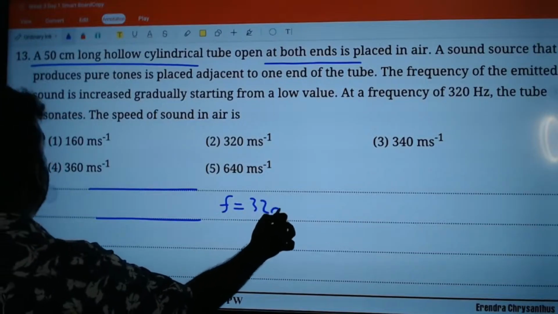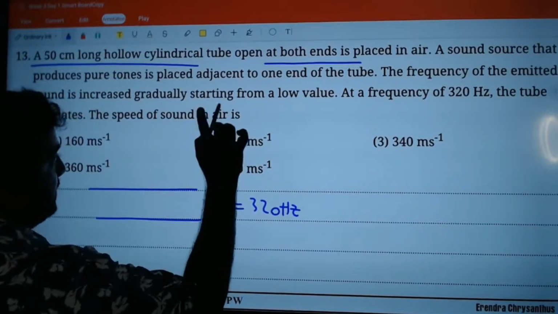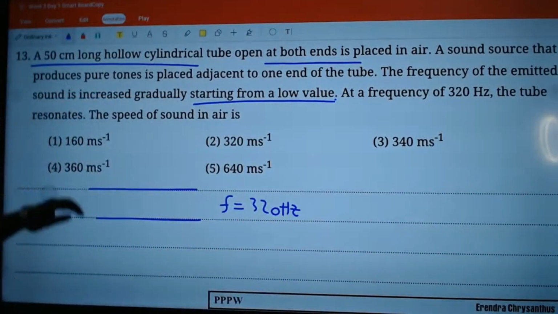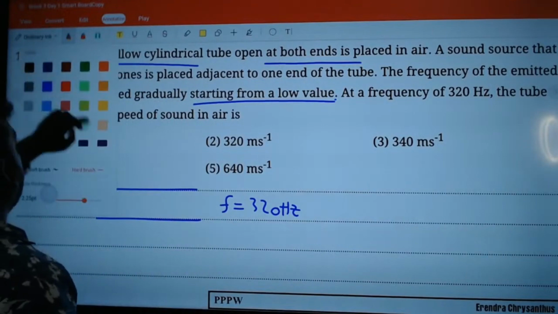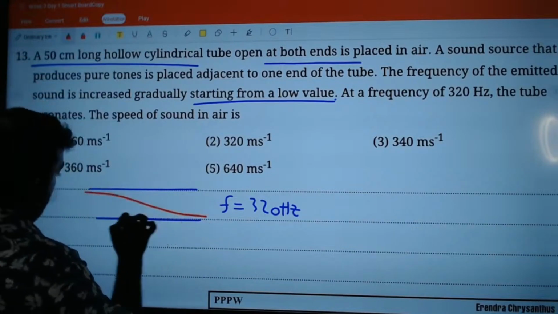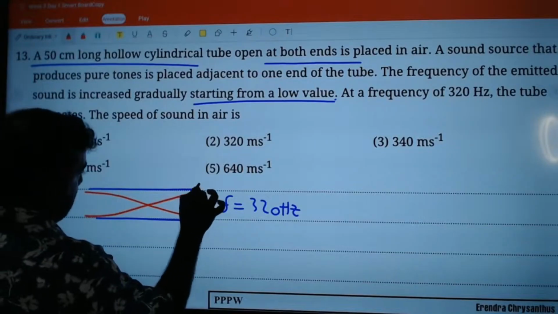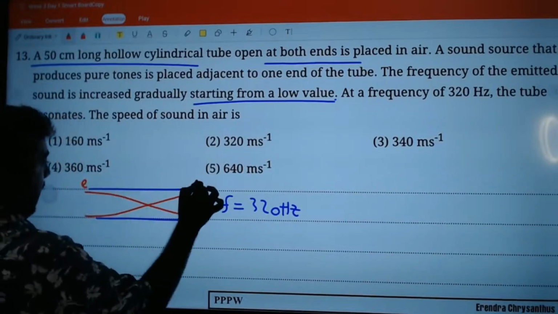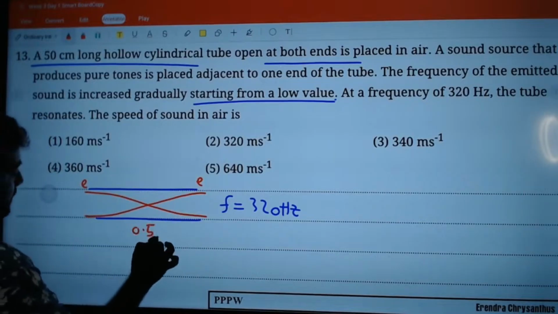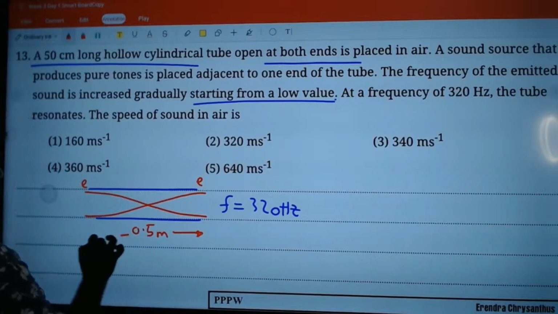At 320 the tube resonates. So the first time this tube resonates from a low value, that's the first harmonic, the fundamental frequency. Remember there is an end correction, but in our calculation we ignore the end correction. 0.5 meters.